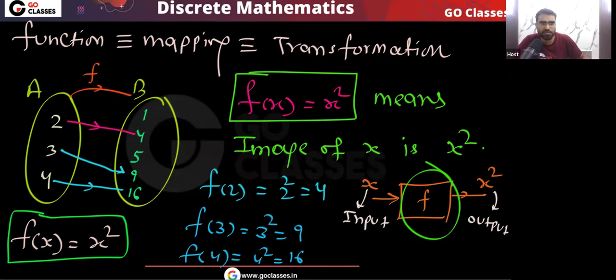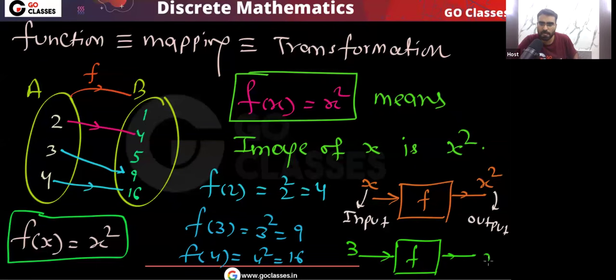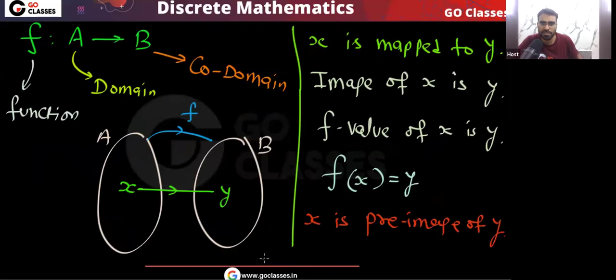This function is transforming 3 into 9. You give the input 3 and the output you get is 9. That is the reason a function is also called a transformation. I hope you understood. Very simple, all these things.